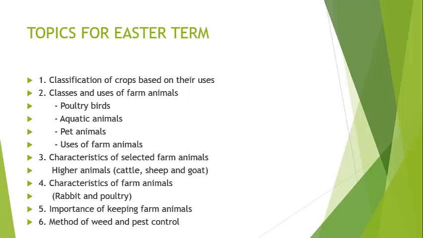Classification of crops based on their uses. Crops are classified based on the importance as food, feeds, fiber, and oil. Food crops, these are crops eaten by man, and they can be grouped into the following: cereals, roots and tuber crops, fruits, spiced crops.